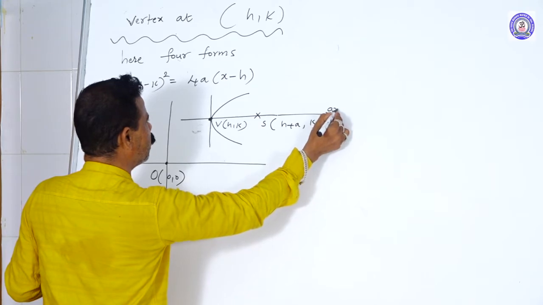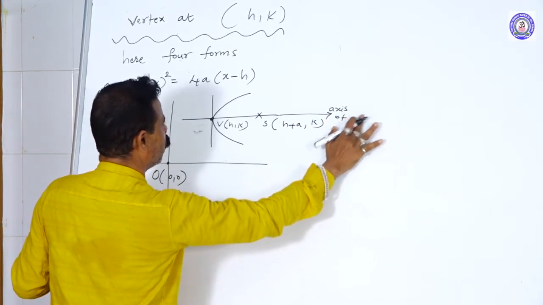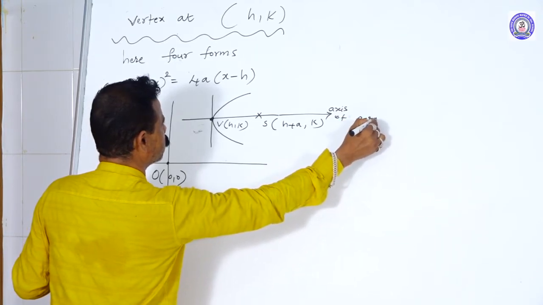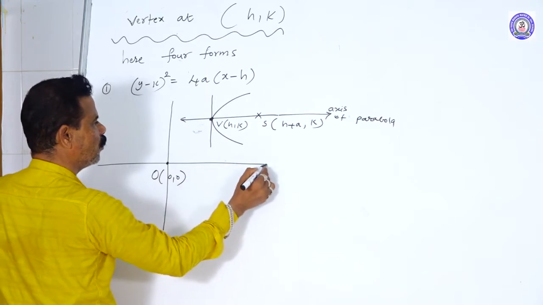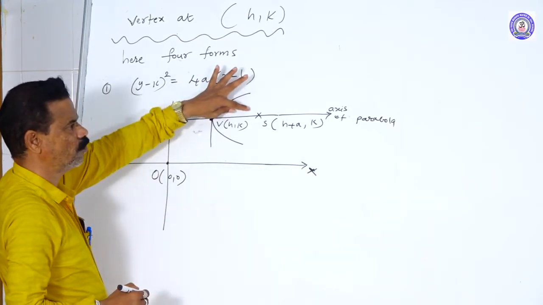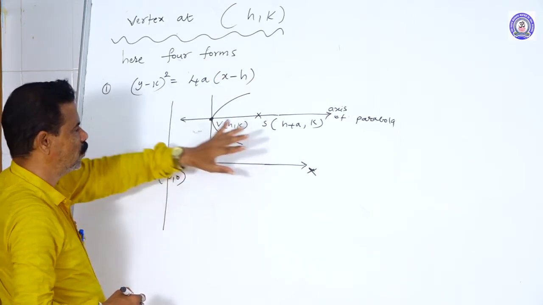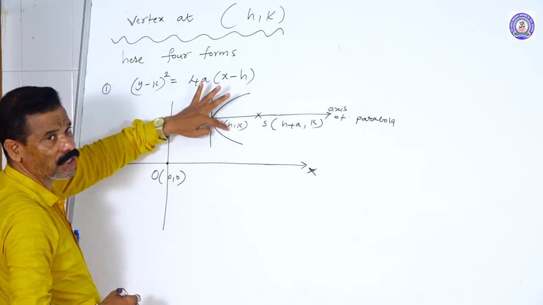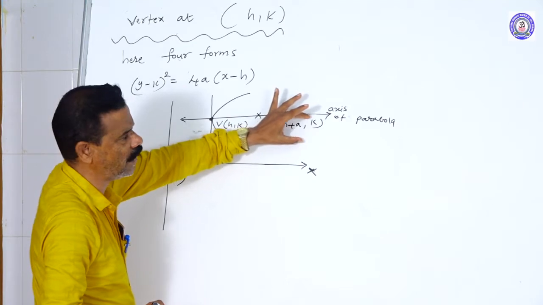This is the axis of the conic; here conic means parabola. This parabola's axis is parallel to x axis. So the origin is shifted to h comma k, then the focus changes to h plus a comma k.